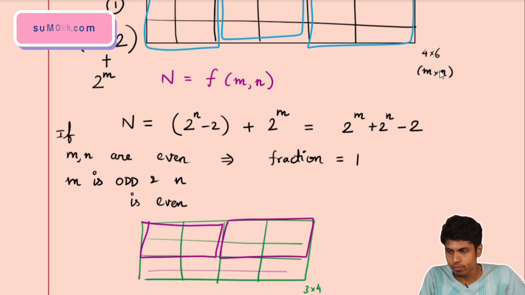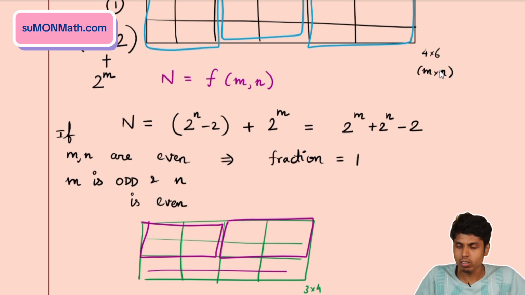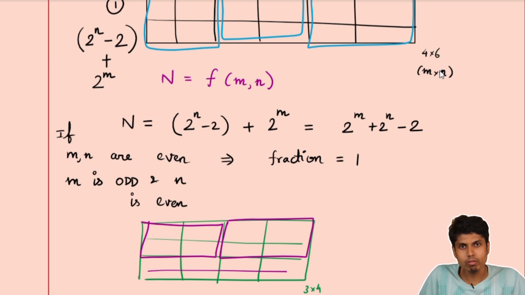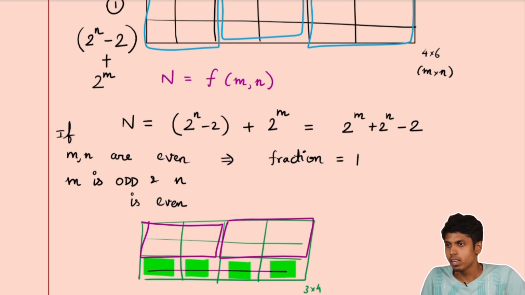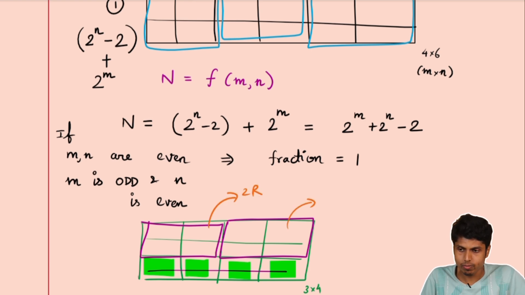So this one might not have a predetermined number of red colored cells. So I can tweak around the values here to minimize the number of red cells. Just do the green coloring throughout the row, simple. And whatever you are going to do, you will ultimately have 2 red here and 2 red here.